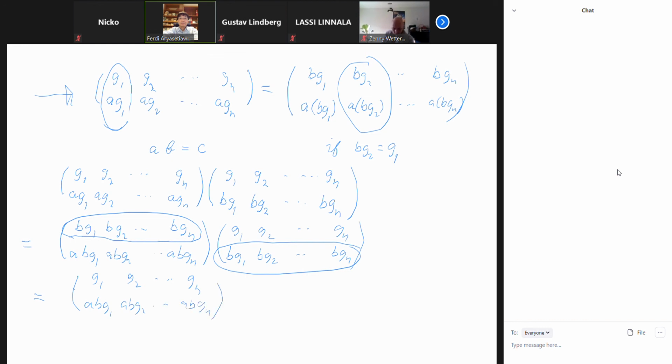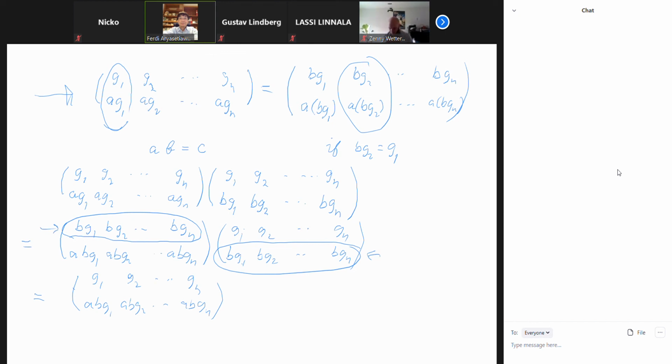Yes, because this permutation means G1 goes to BG1, and then BG1 goes to ABG1. Well, that's the same as saying that G1 goes to ABG1, yes, and so on. So we just have to make sure that this line here is the same as this line here when we multiply two permutations.